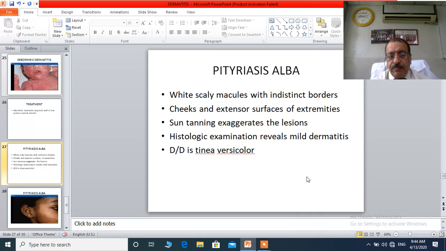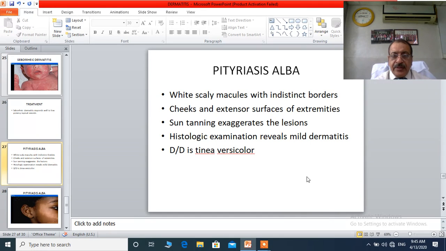Now the fourth common condition that affects children is Pityriasis alba. We usually see children who have white spots on their face, and the parents think that this condition is probably due to the deficiency of calcium in the body.